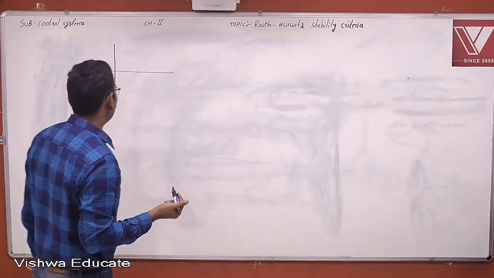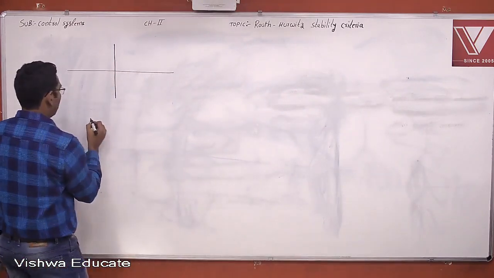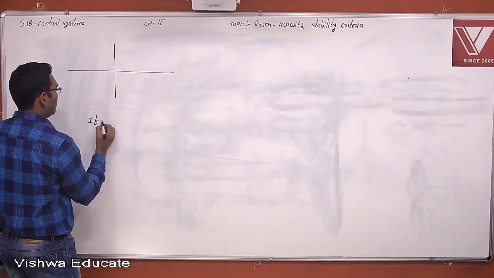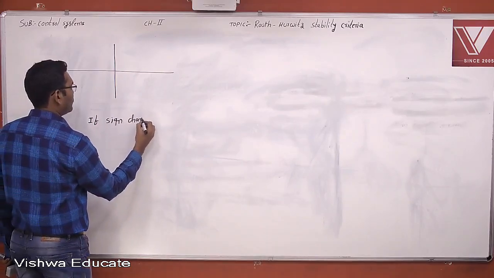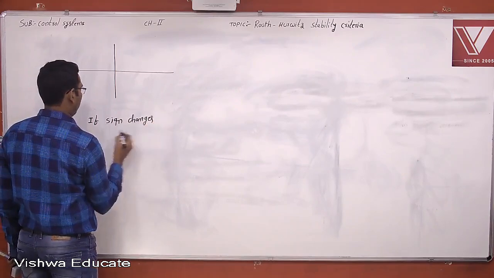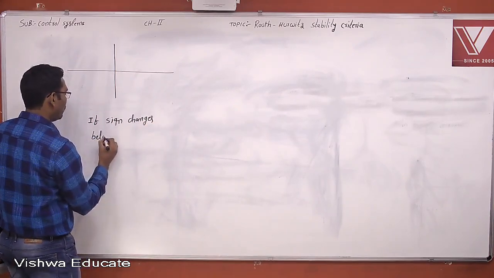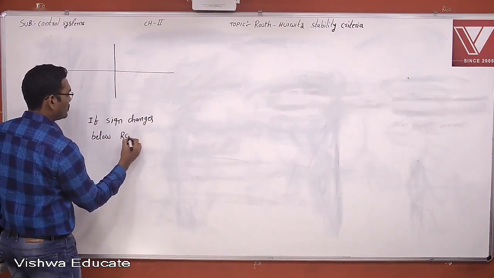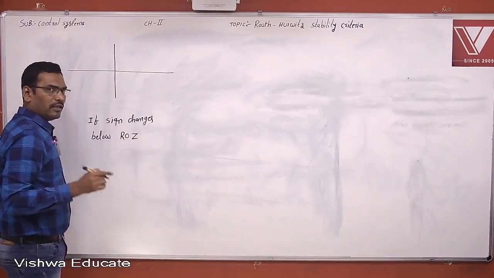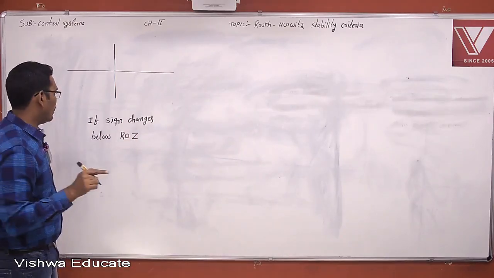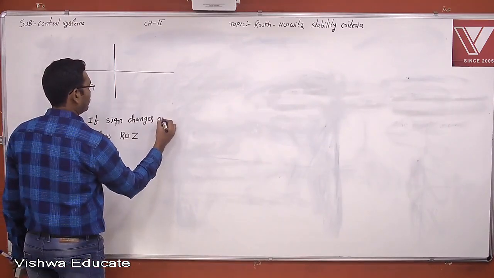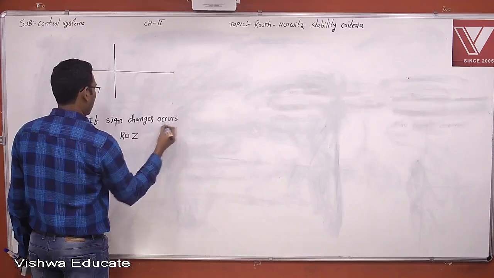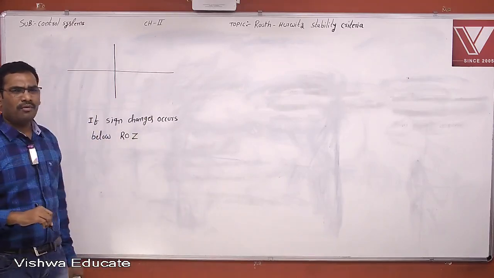Now the question is, if sign changes occur below row of zeros, what is the meaning of that?